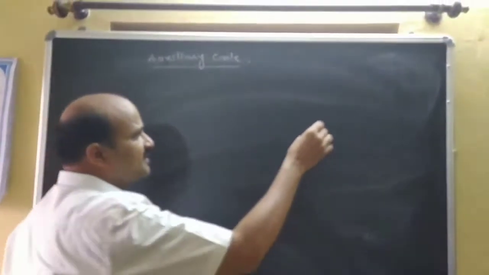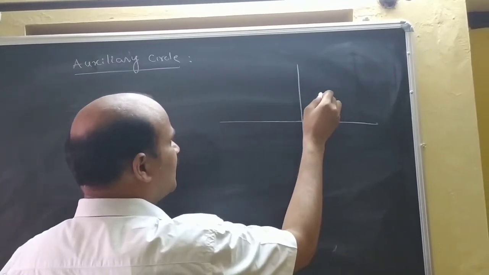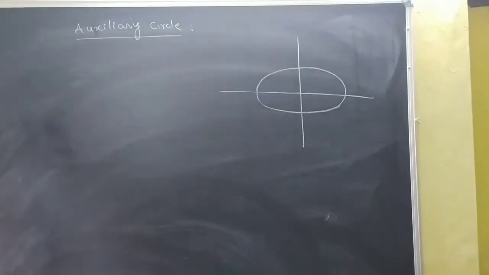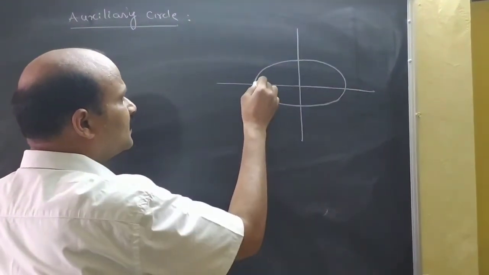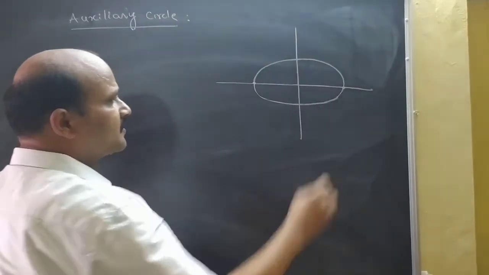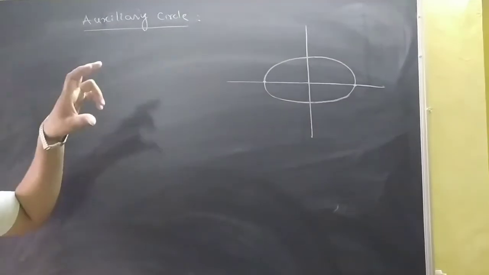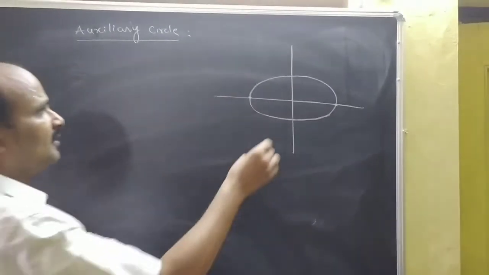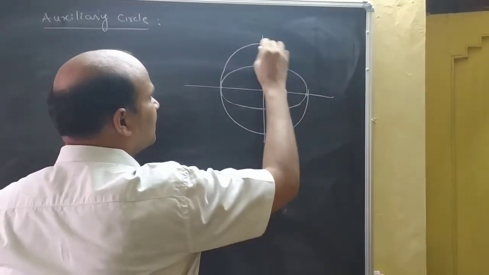A circle is described on the major axis of an ellipse. Now, this is the major axis of the ellipse as a diameter. A circle described on the major axis as diameter is called auxiliary circle. Now, this is the auxiliary circle.